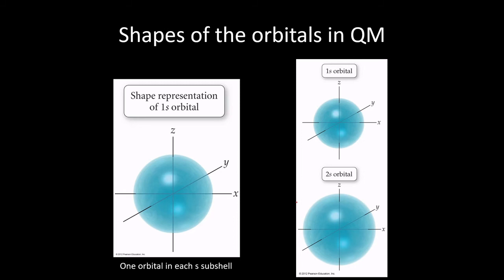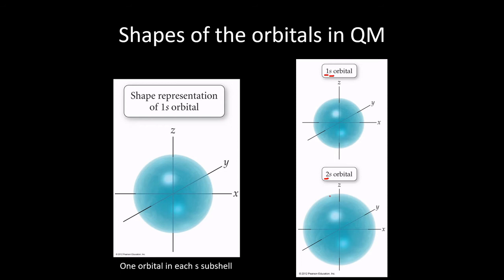So on the first shell, the 1 shell, we have the S subshell, and it is a small sphere. The 2s, so that's again the same type of subshell, but now we're into the second big shell, if you will. That is the 2s.